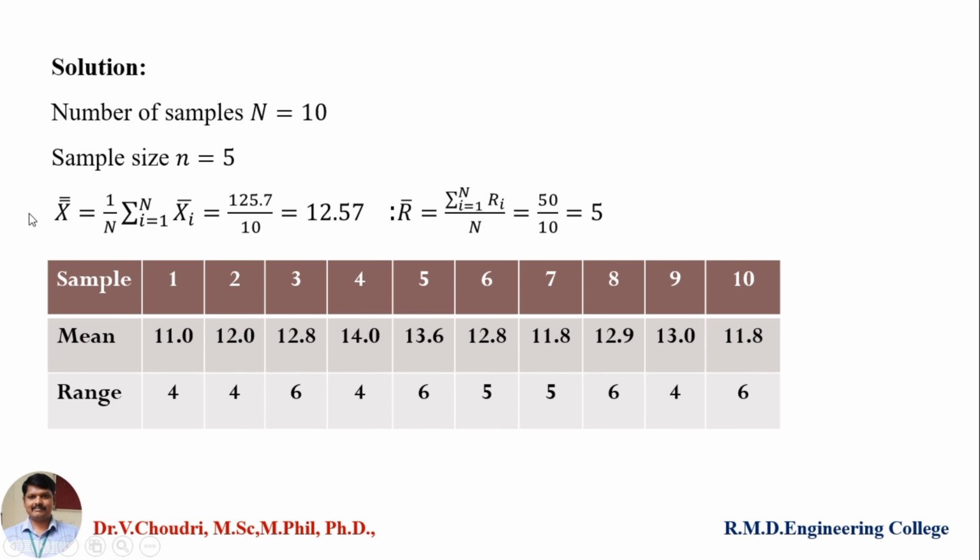That is the average of averages. Now the average of range: 4 plus 6 gives 10, then 14, 18, 24, 29, 34, 40, 44, 50. So 50 divided by 10 equals 5. So X double bar equals 12.57 and R bar equals 5.